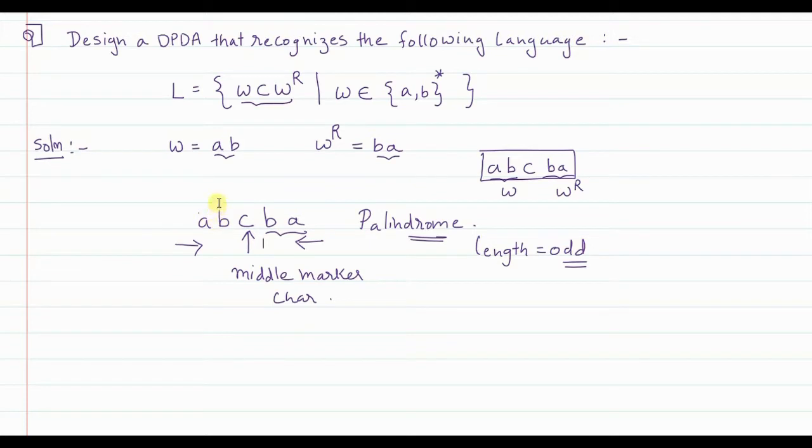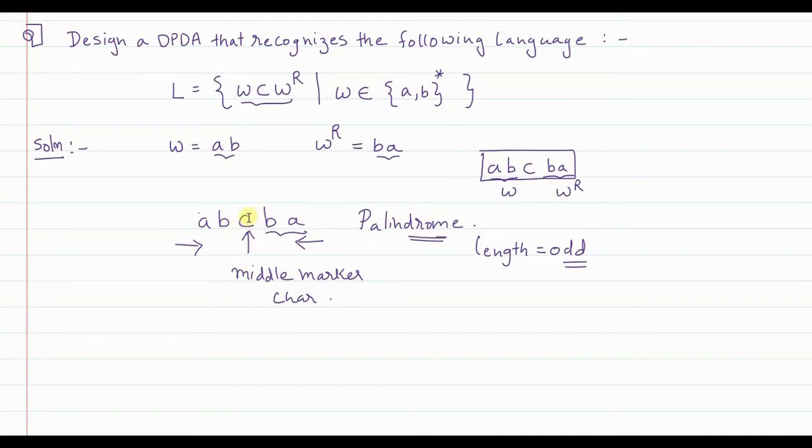So when you consider this particular odd length palindrome string, you can consider it in three parts. First part is the string that you read before the middle marker symbol is reached. In this example, AB is the substring that you read before the middle marker character. So this is the first part of the string. Then the middle marker character itself is a valid character, which constitutes the second part.